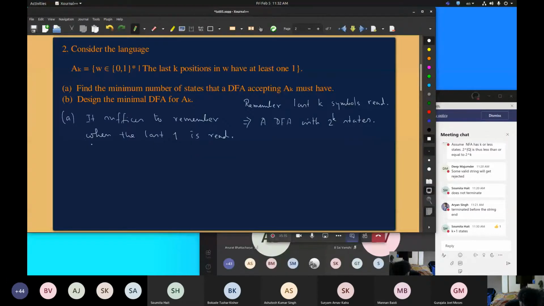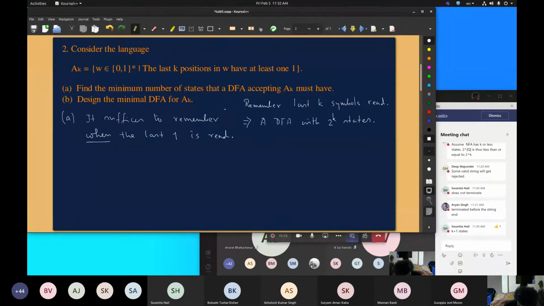Okay, but of course, when I say when, this does not mean among the last k positions. It does not mean before that. These things are not relevant.